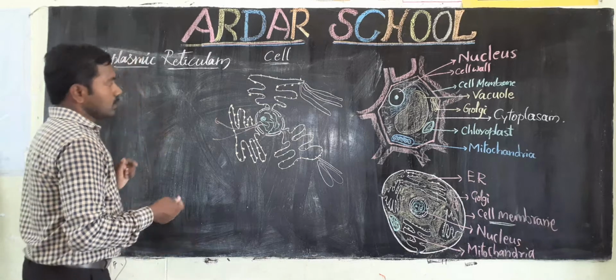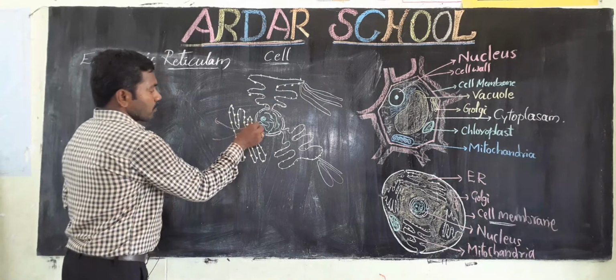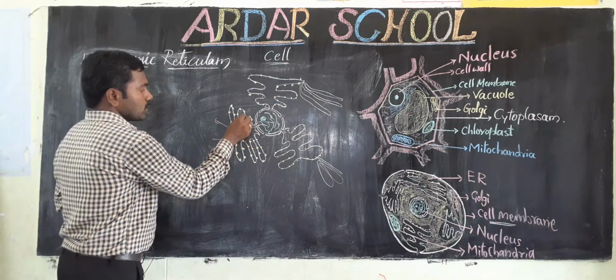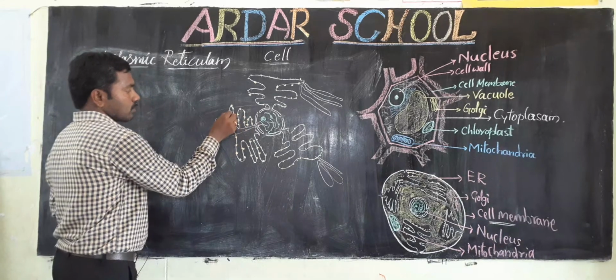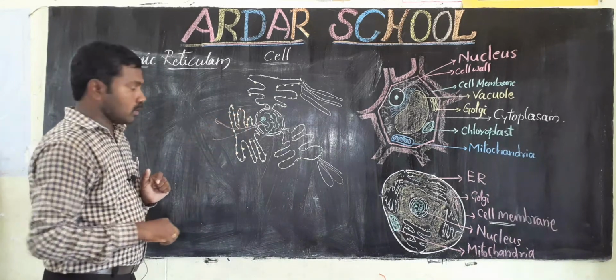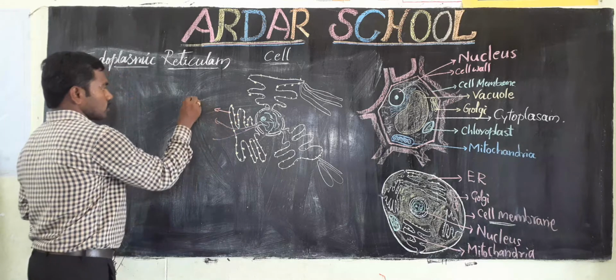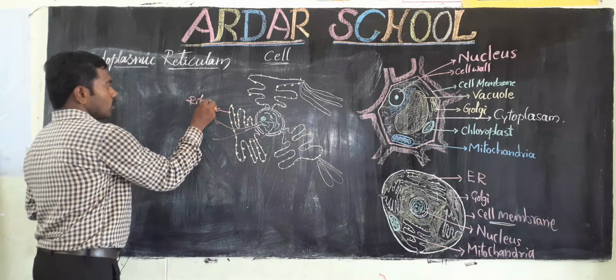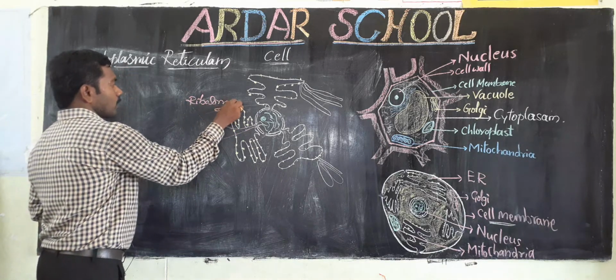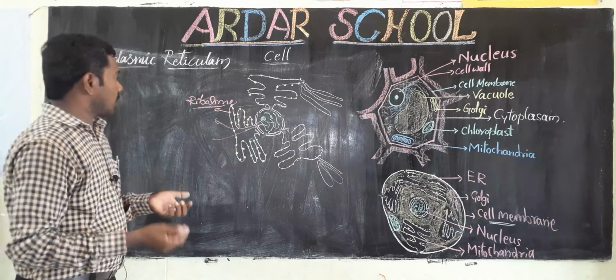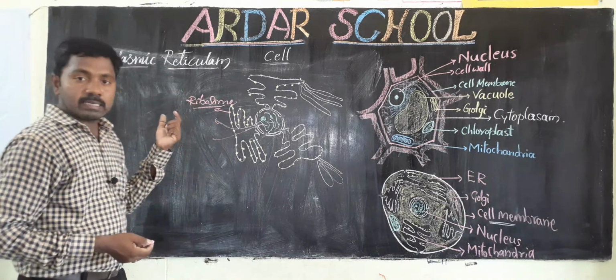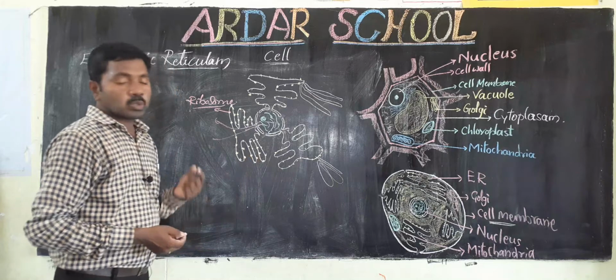Okay children, here if you observe this endoplasmic reticulum, we can see some granule-like structures. These are called the ribosomes. Depending upon the presence or absence of the ribosomes, we can divide it into two types.